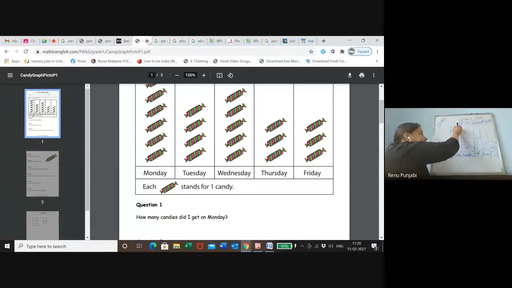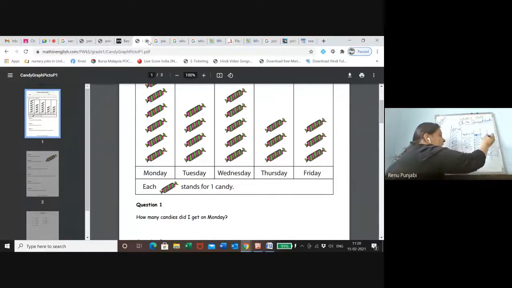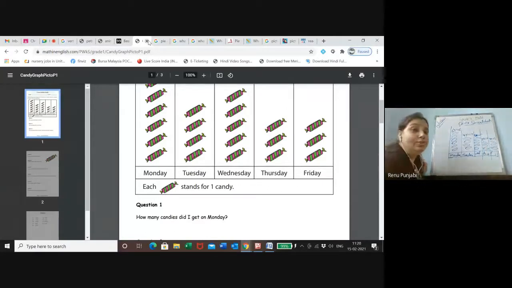In every pictograph, you first solve this and then give the answers. 4 into 1 is equal to 4. 5 into 1 equals 5. 3 into 1 equals 3. And this is also 3 into 1 equals 3. Once you're done multiplying this, you will be able to give the answers.